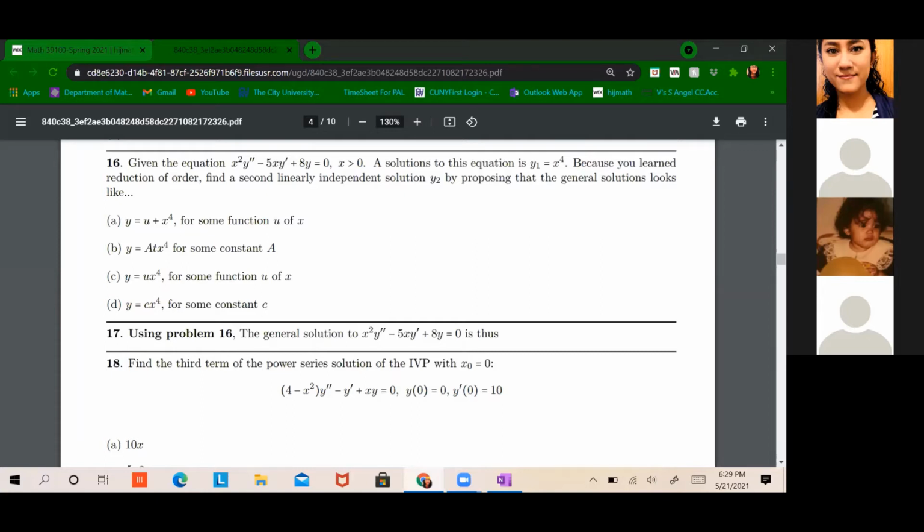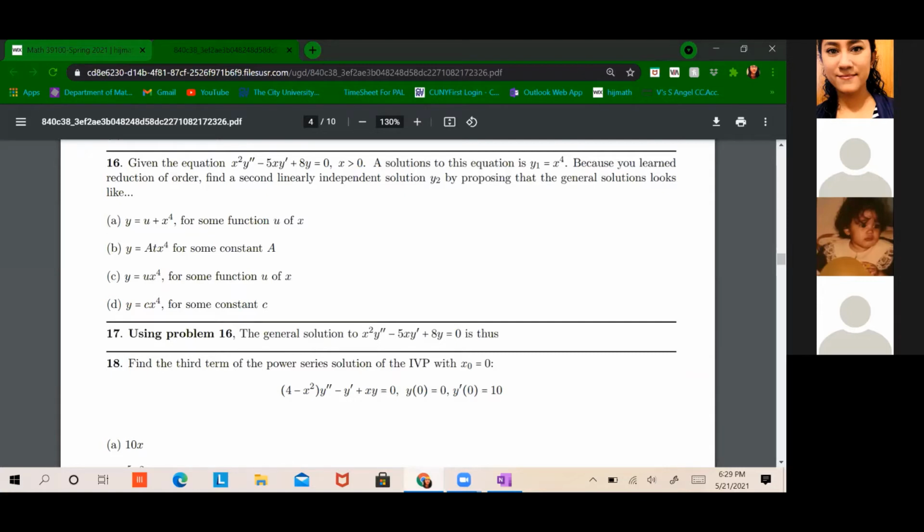You would get u double prime x to the 4th plus 4x to the 3rd u prime, plus another 4x cubed u prime, plus 12x squared u.